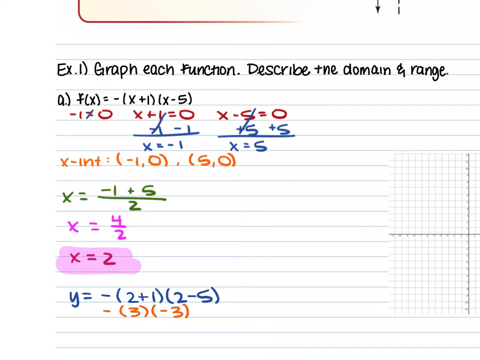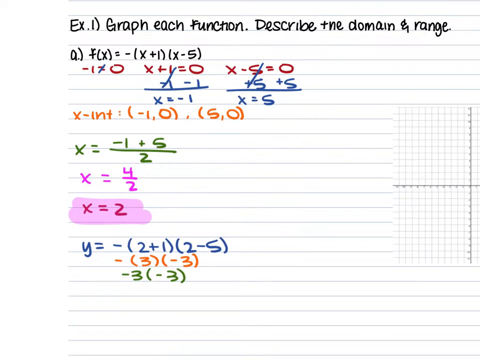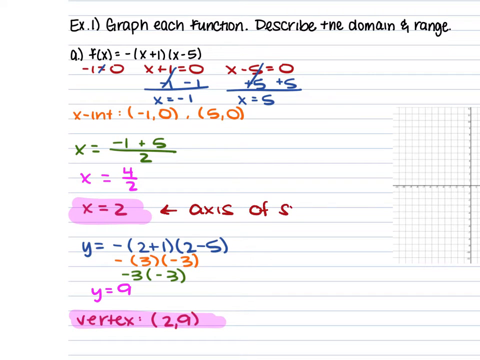The opposite of 3 is negative 3, times negative 3 gives us a y value of 9. So our vertex then is the ordered pair 2, 9. And then we said that x is equal to 2 is your axis of symmetry.